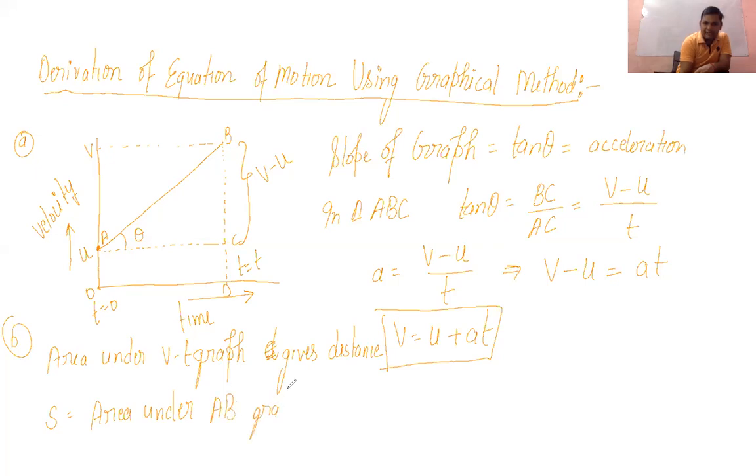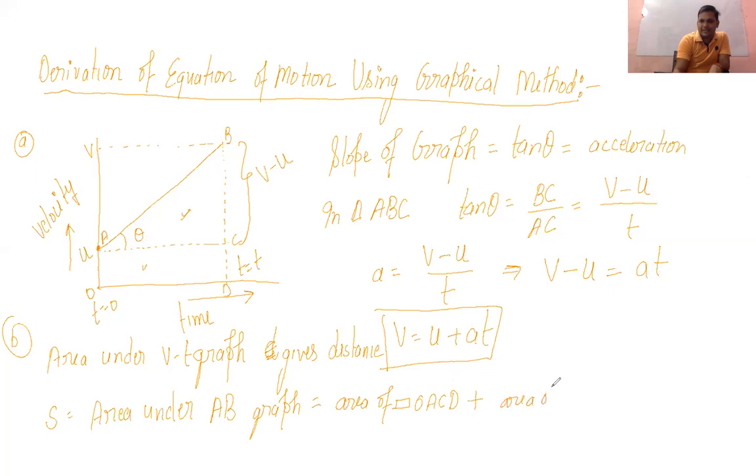So the AB graph will consist of the area of what? It can be the area of this rectangle and this triangle. This rectangle is your OACD, and then the triangle ABC.